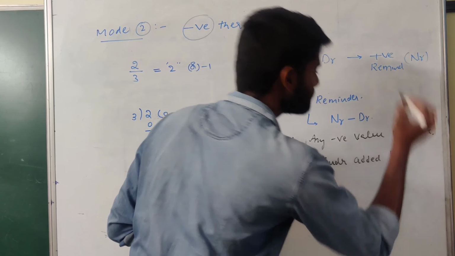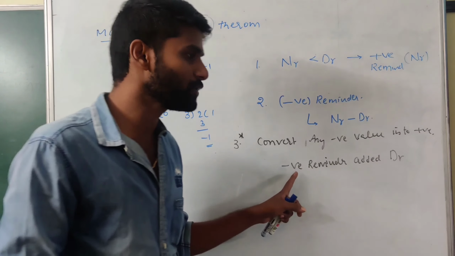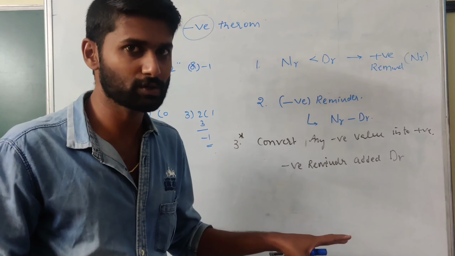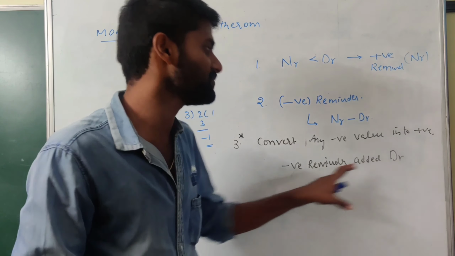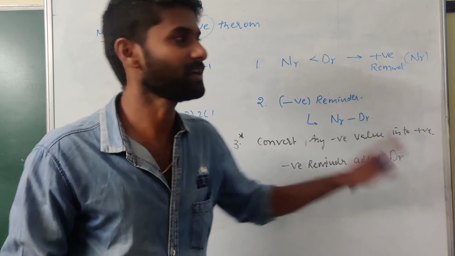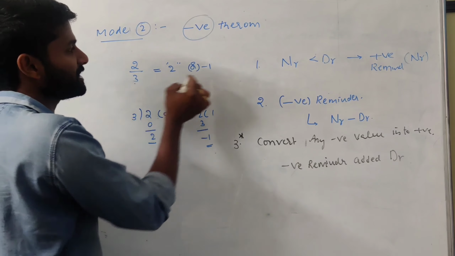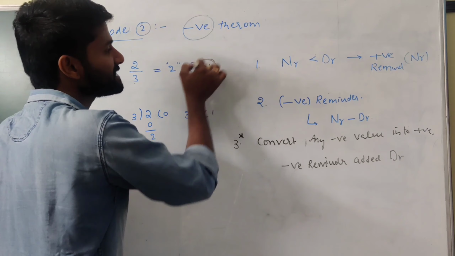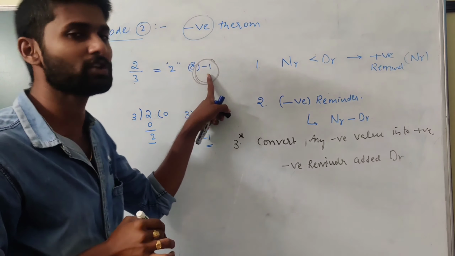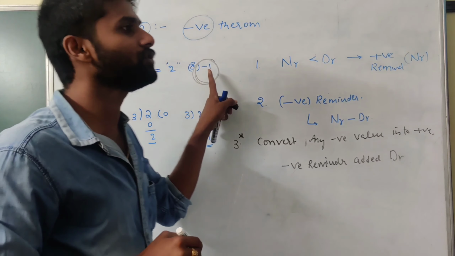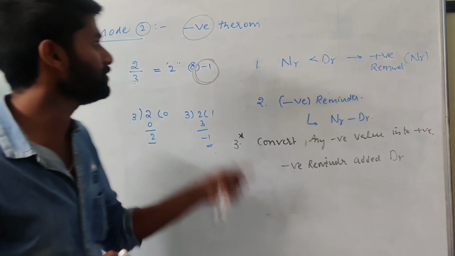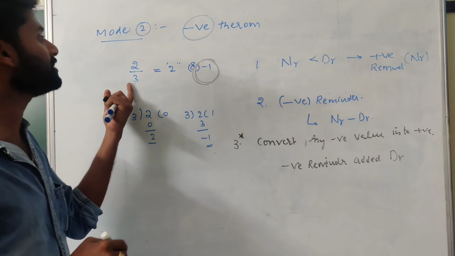That is the only thing we need to do. For example, 2 divided by 3, if you consider the negative value, it is minus 1. If we want to convert a negative value into a positive value, the negative value is added to the denominator.